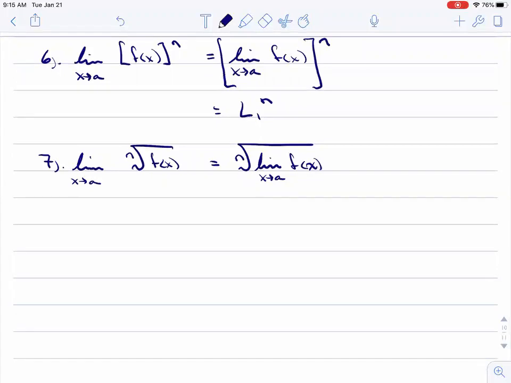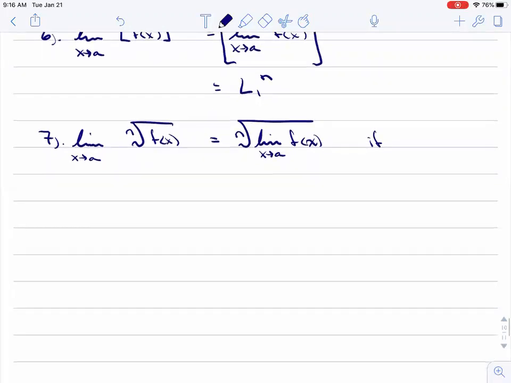We need to keep in mind, we can't take the even root of a negative number. We can for an odd root. But if we've got an even root, then the limit as x approaches a of f of x has to be greater than or equal to 0. And so what we say is that if n is even, the limit of x going to a of f of x must be greater than or equal to 0.